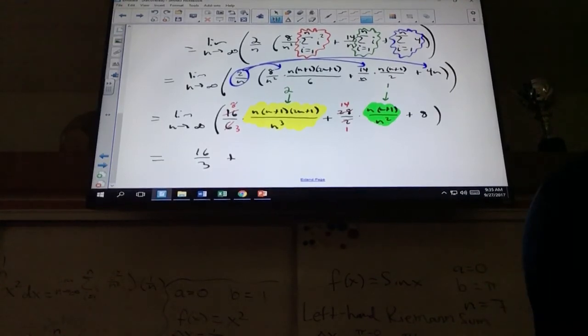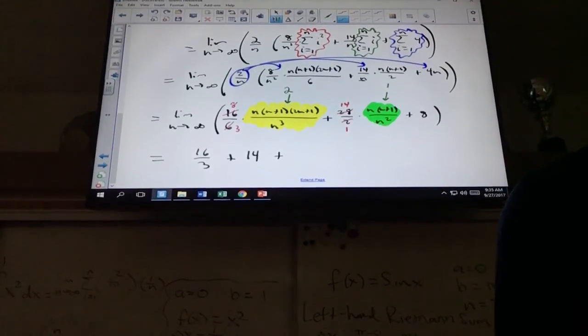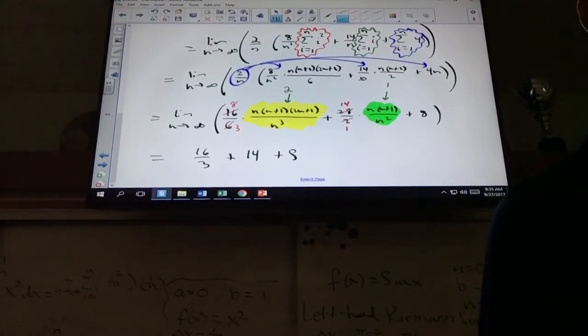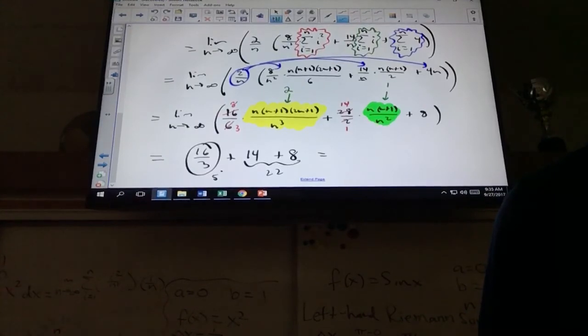You multiply that by 14 to get 14. And then here, when I take the limit as n approaches infinity of just 8, I just get 8 back. So together that's 22. That 16 thirds is also known as 5 1/3. So this whole thing is 27 1/3.